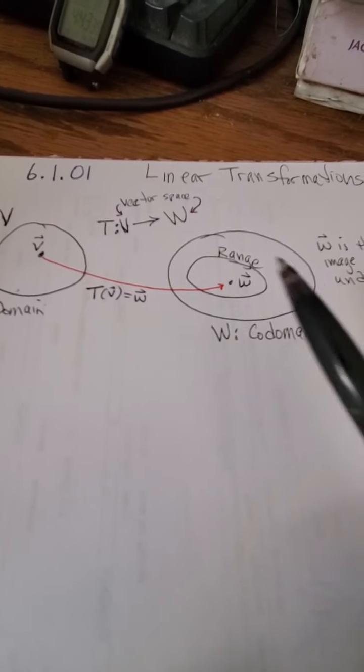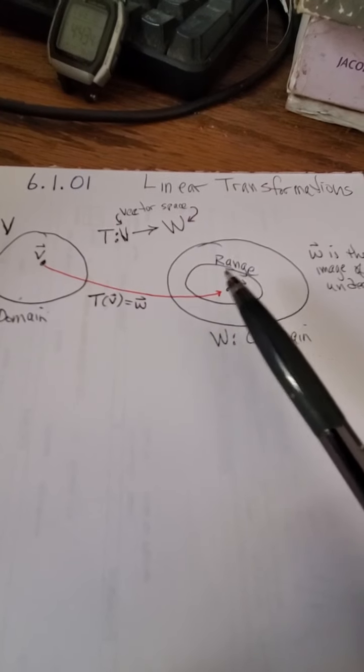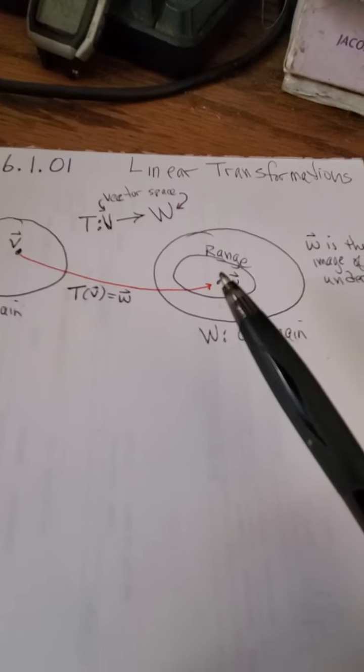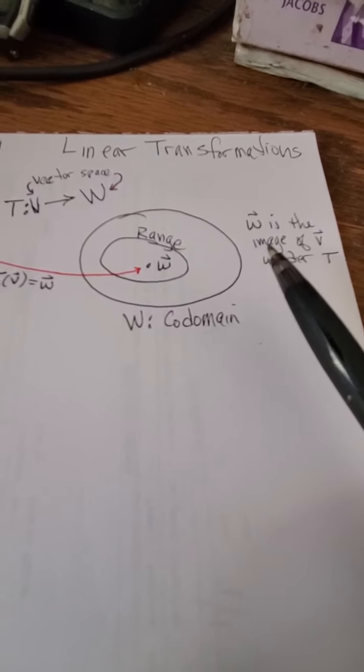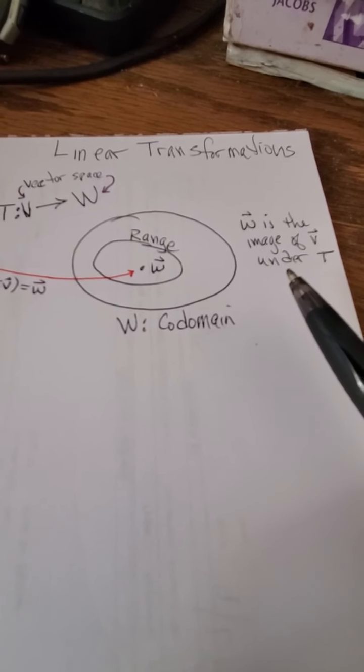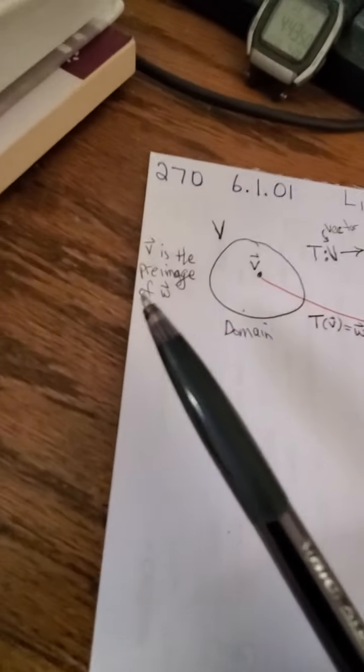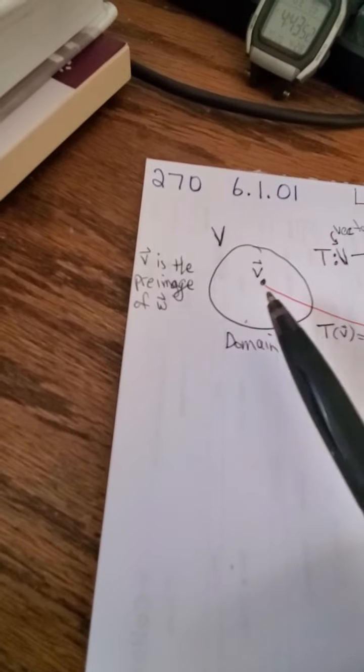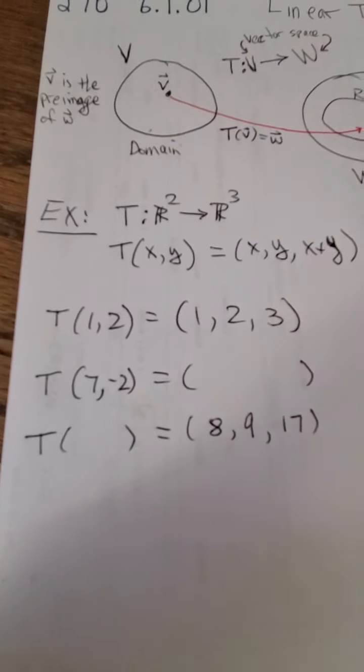Anyway, W is called the codomain, and here that's the range. And a range means, well, you know what range means. Vector W is called the image of vector V under the transformation T, and vector V is called the preimage of vector W.